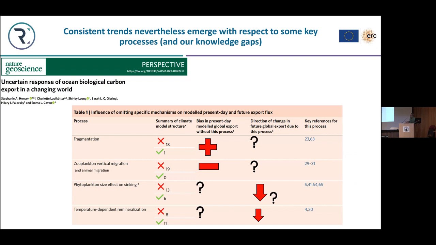You can see that processes like fragmentation or zooplankton vertical migration are not even parameterized yet in these models, which means we potentially have strong biases in the interpretation of the results. The role of phytoplankton size on sinking is beginning to be parameterized by some models, but we do not know the directional change of future export due to this process. I mention these three because I will put some emphasis on them during the rest of my talk.